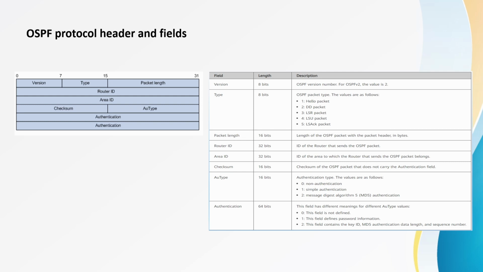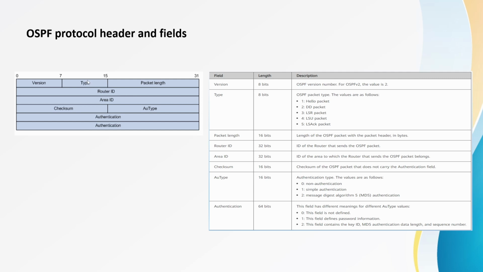This diagram illustrates the OSPF protocol header and each field. The OSPF protocol packet header is 24 bytes long. You can see here multiple fields. This field is the type. We mentioned OSPF has 5 types, and the type field shows each one.